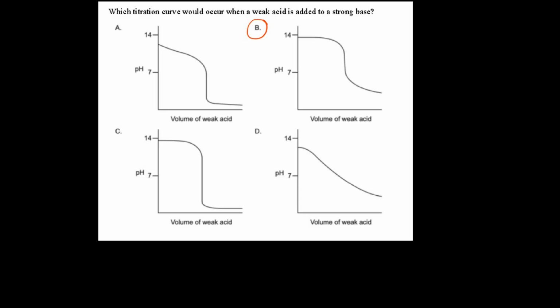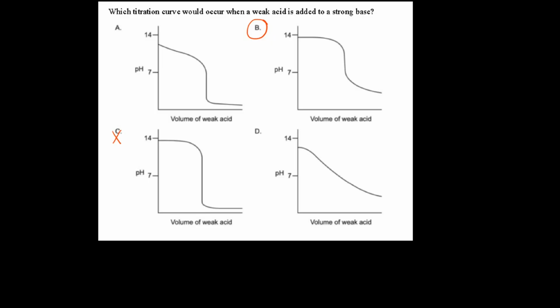Because if we look at option C, we see that the end of the titration is at a very low pH, which is not possible because our titrant is a weak acid. So it should not end at a pH very close to 1 or 0. So C is not an option.